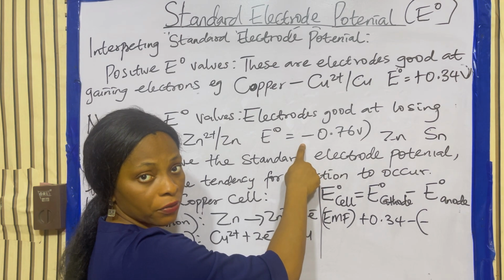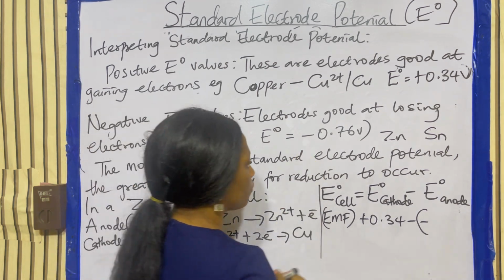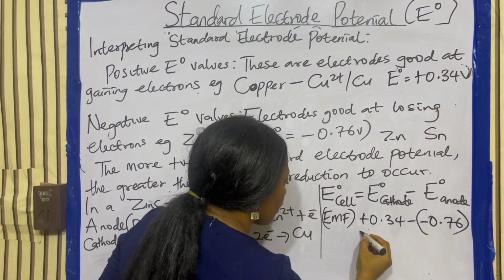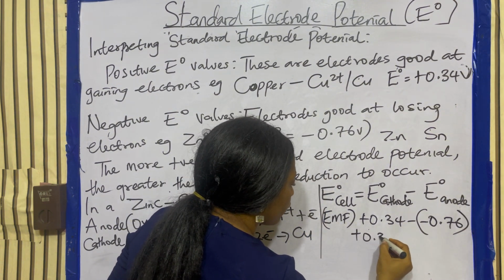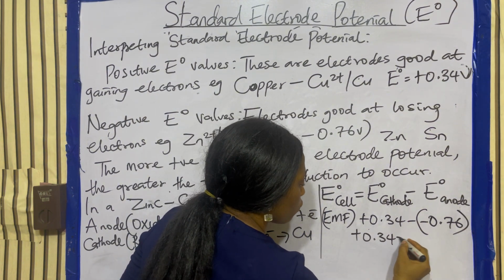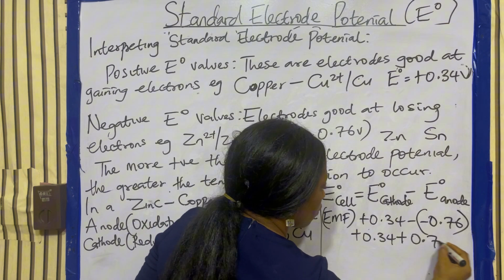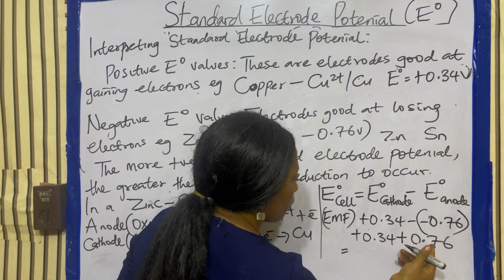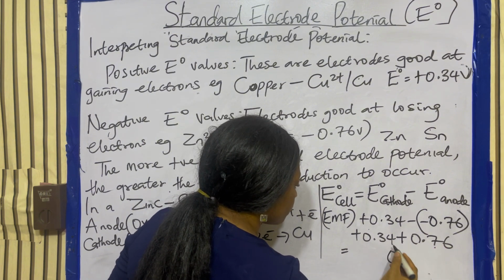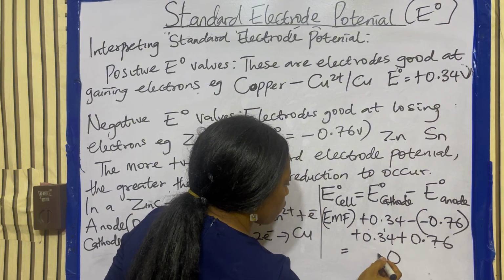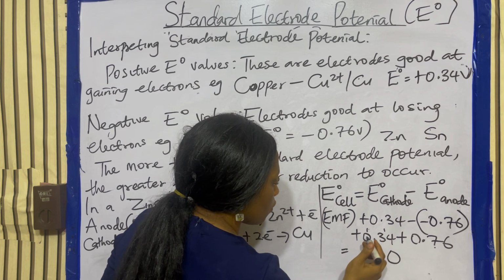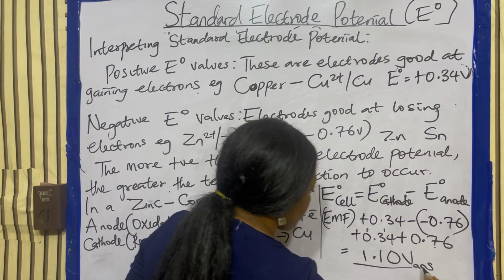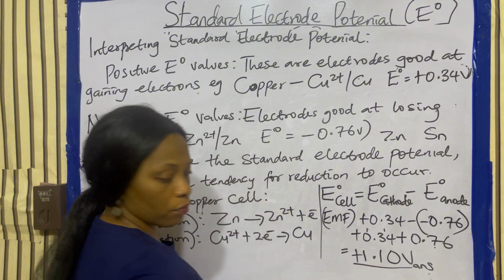So be careful about this. Minus minus gives plus, so you have plus 0.34 plus 0.76. You add up: 4 plus 6 is 10, 10 plus 1 is 11, 1 volt. Answer, you put your plus.